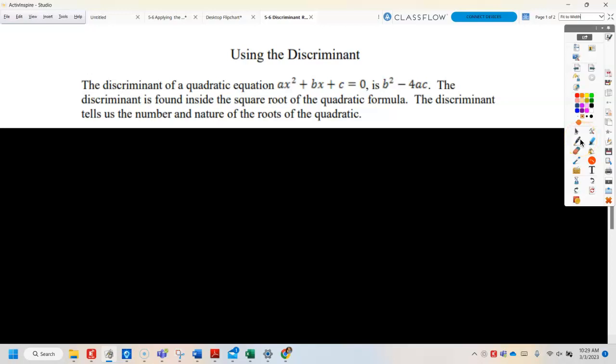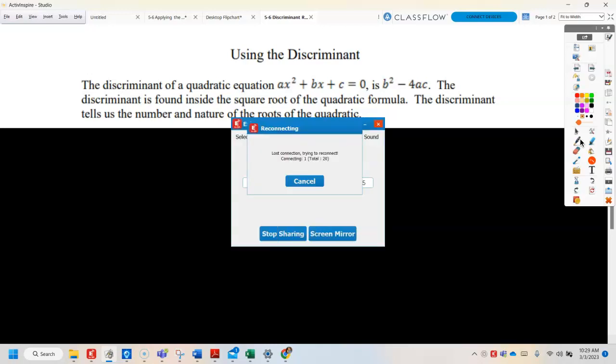It's important to tell you that when we talk about x squared, we are talking about the quadratic term. When we're talking about x, we're talking about the linear term.